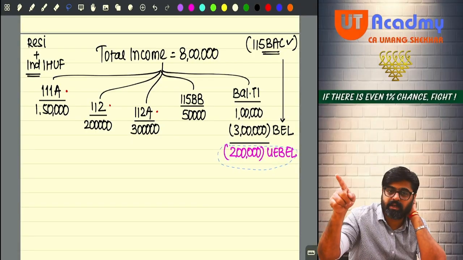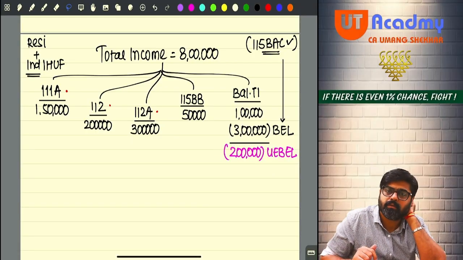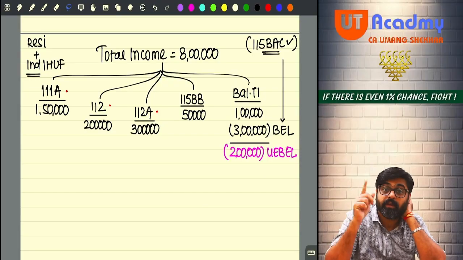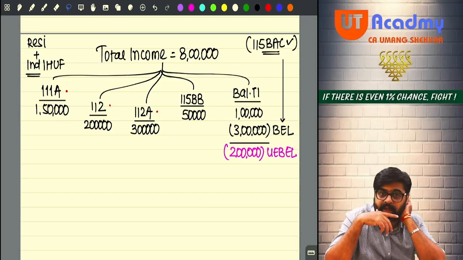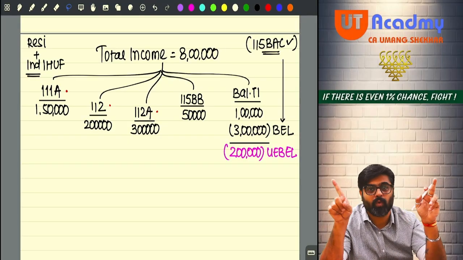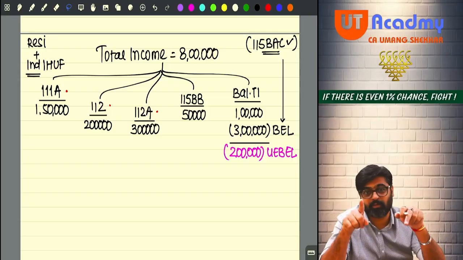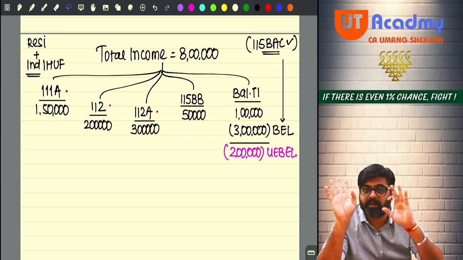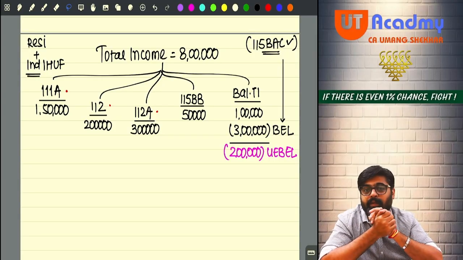Yes. Against 112? Yes. Against 112A? Yes. Against winnings? No. Against winnings you cannot adjust this. So only 3 incomes are possible, against which this unexhausted basic exemption limit will be adjusted.